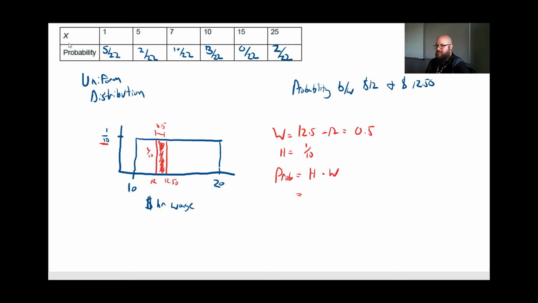Our height was 1/10, and our width was 0.5. If you calculate that out, you should get 0.05 for the actual probability of making between $12 and $12.50.